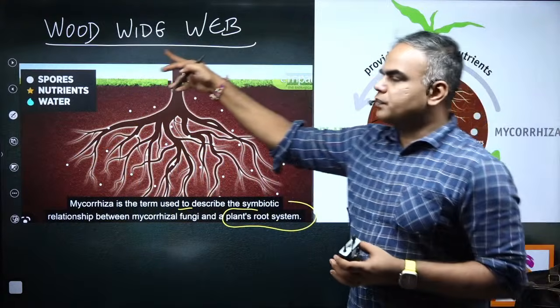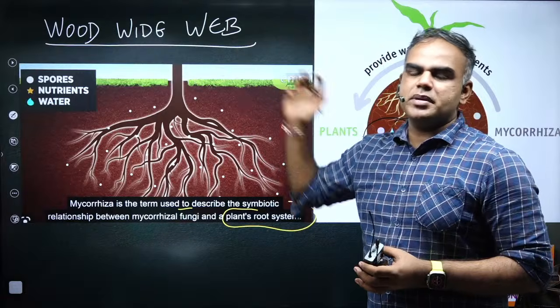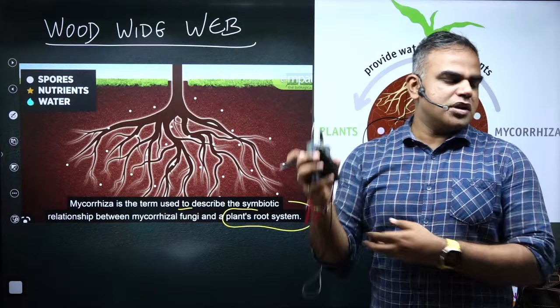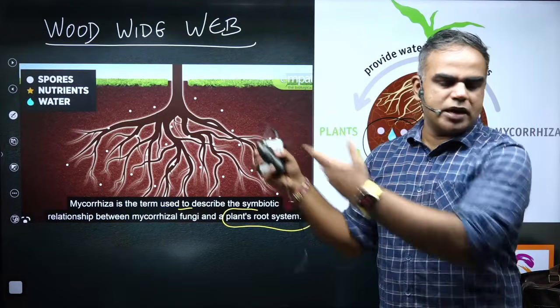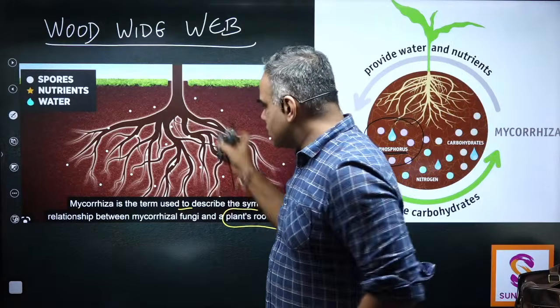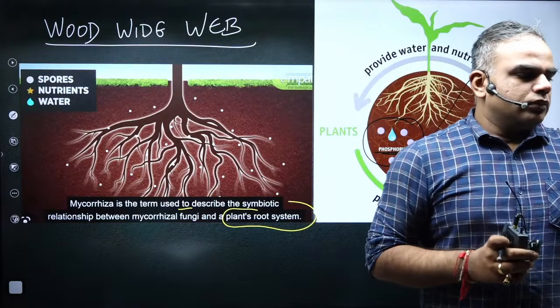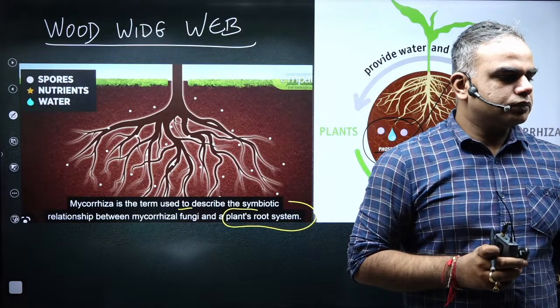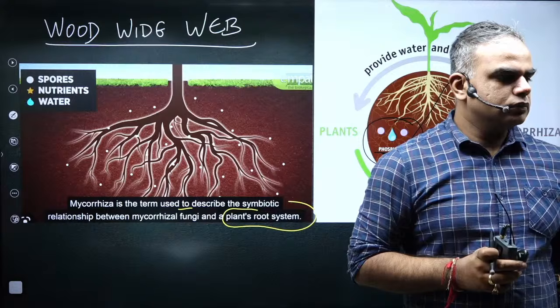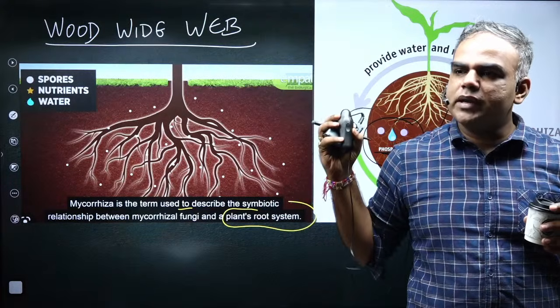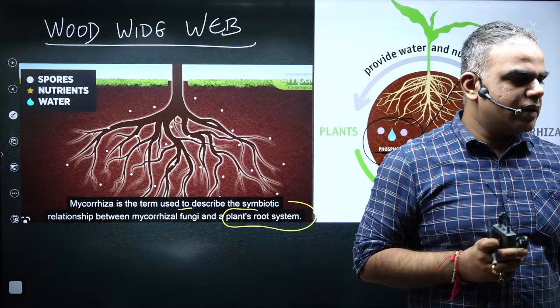This is Wood Wide Web. I'll give you a one line definition of it. This is also connected to microbes and things which are found underneath the trees. Actually, this is again related to mycorrhiza only. Okay, so here we'll write just one line.